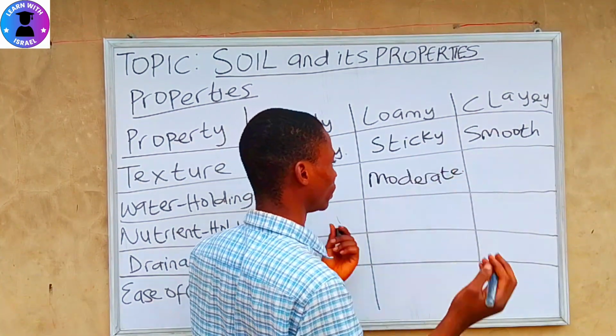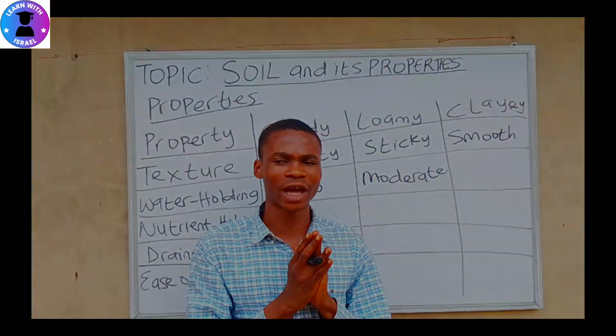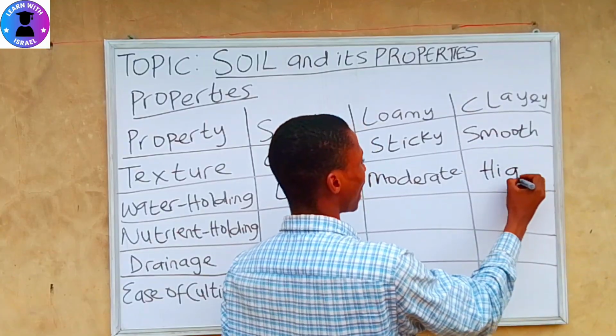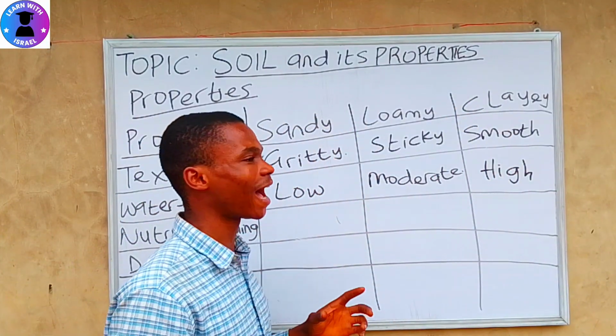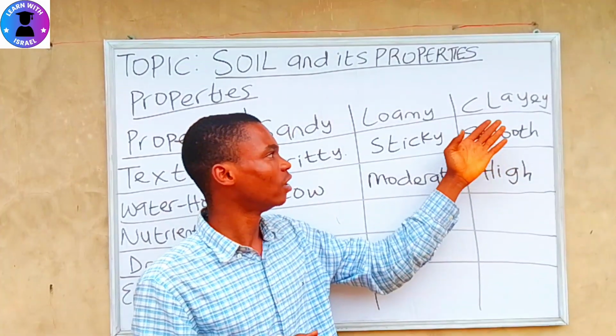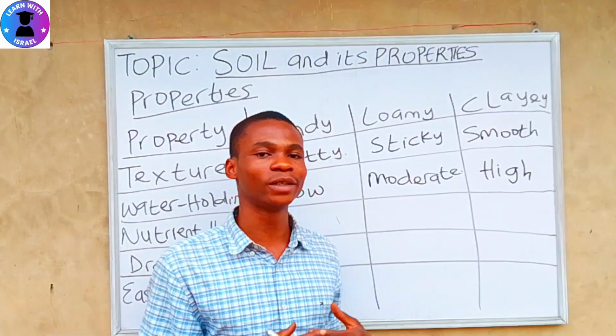It can hold water not for too long and not for too short a period of time. For clayey soil, it is high. When I say high, it means clayey soil can retain water for a longer period of time. And it also causes waterlogging because it can hold water for a long period of time.